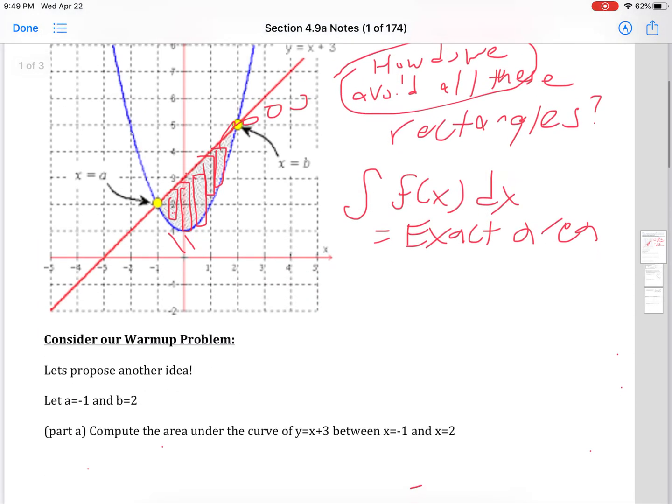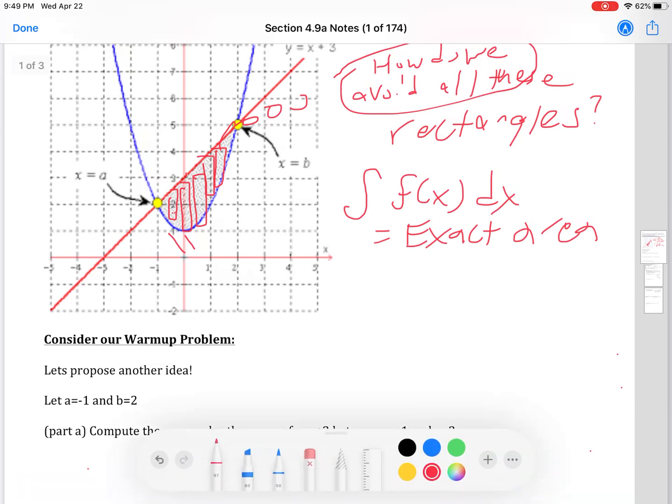Just to give you an idea about where we are going, I'm going to show you geometrically what's going on today. We have a shaded area.